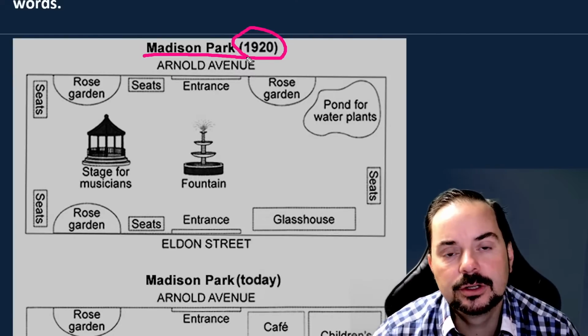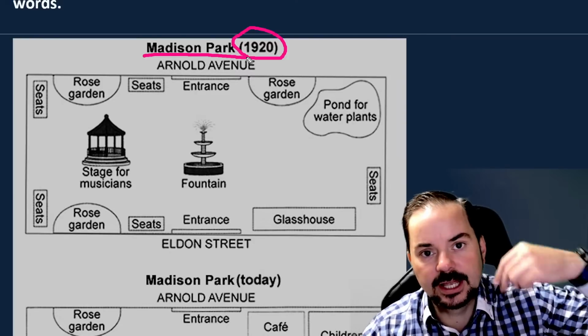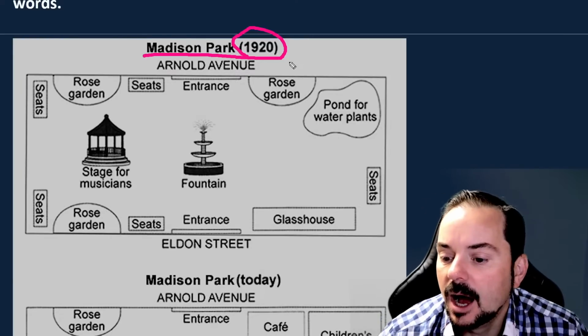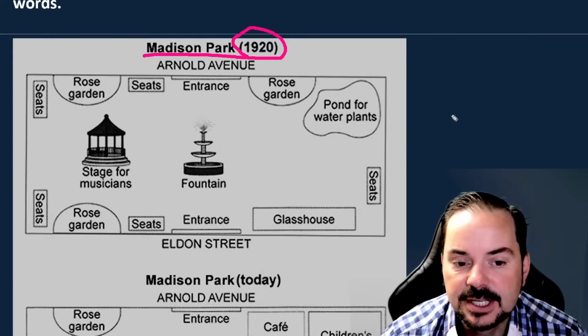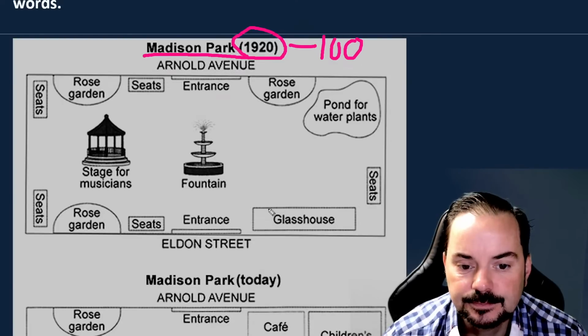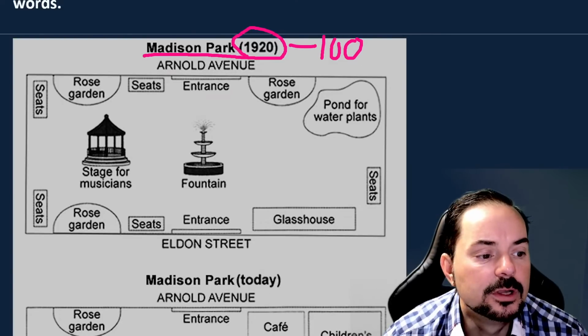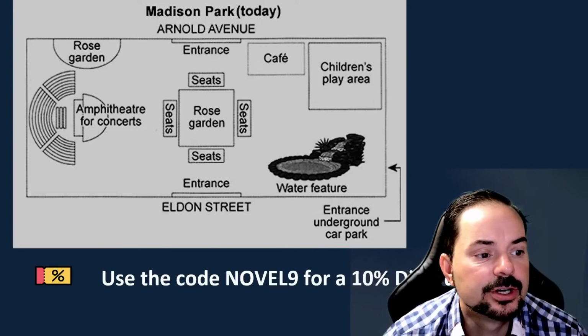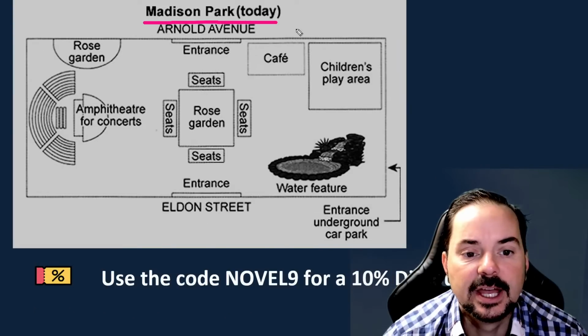So your brain should always be working actively throughout your IELTS exam. Amra, very good. So Amra says it's a century ago. Yeah, it's roughly 100 years ago, right? So if we go a little bit lower, you can see it says in the next picture, Madison Park today.